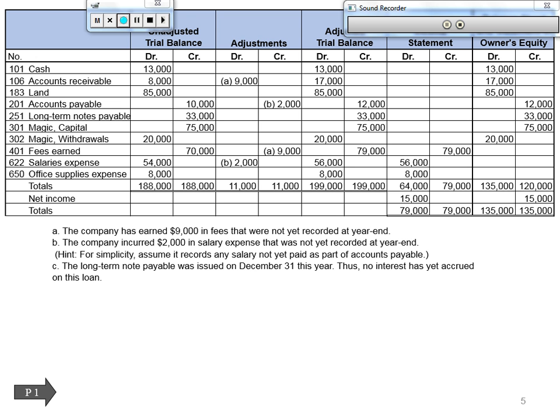So I've got a question. When you did the net income, you subtracted the credit side of owner's equity? Not subtracted. How does the statement of owner's equity go? You added the credit side of owner's equity, but you subtracted the withdrawals, 20,000, from it?